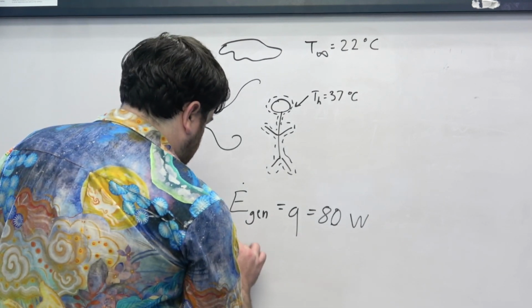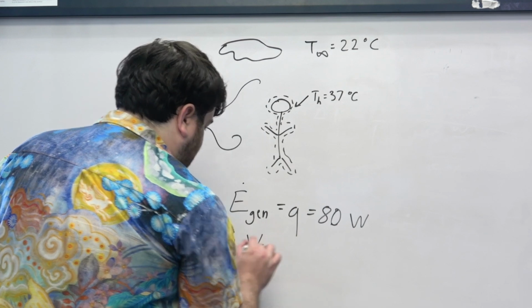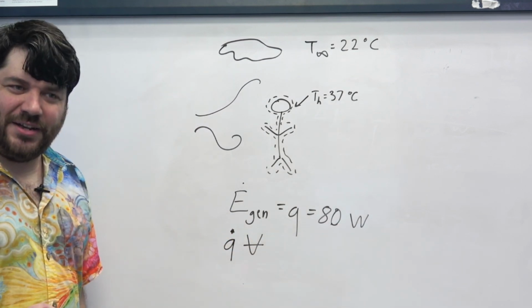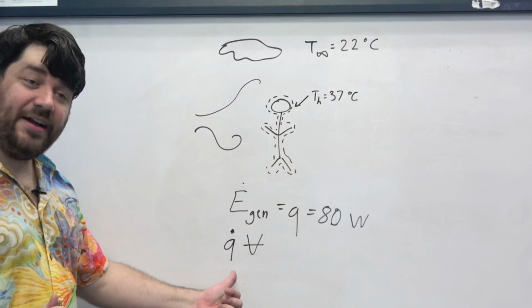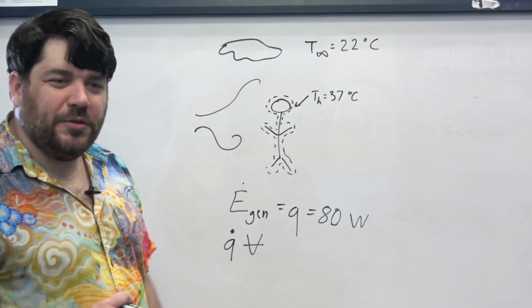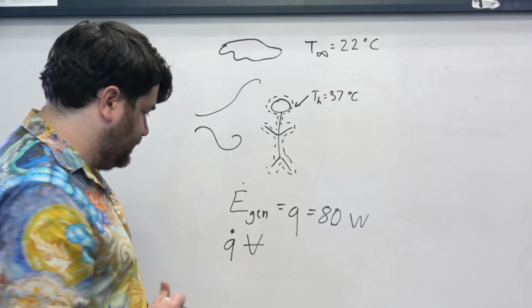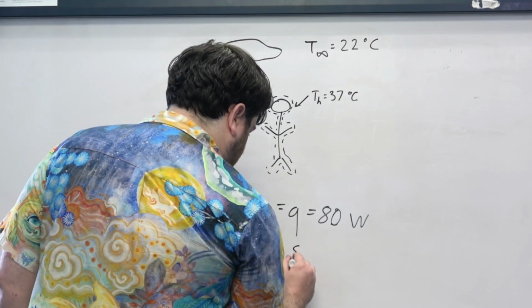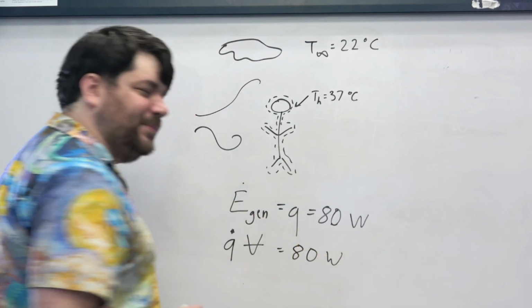Well, we just take that volumetric energy generation rate, Q dot, multiply it by the volume of the human body, and then get 80 watts.